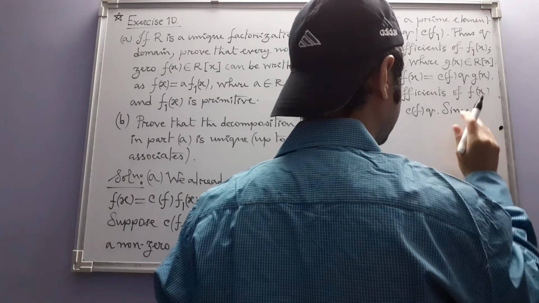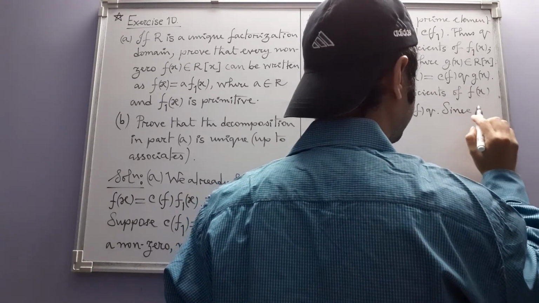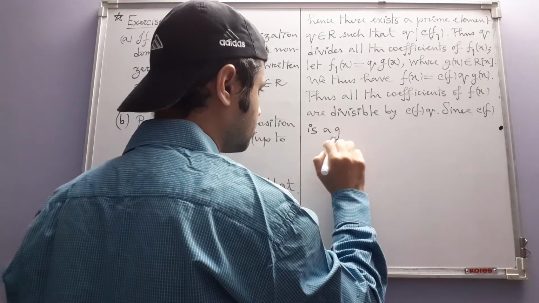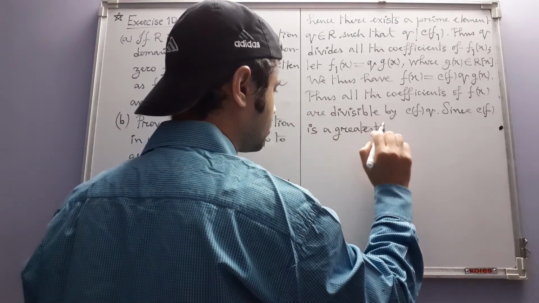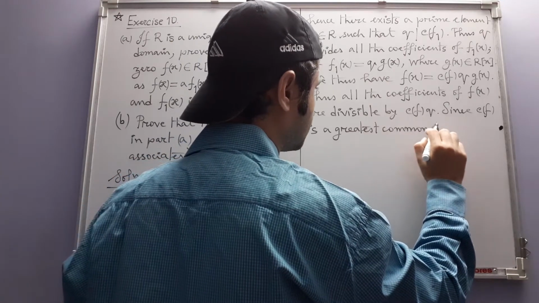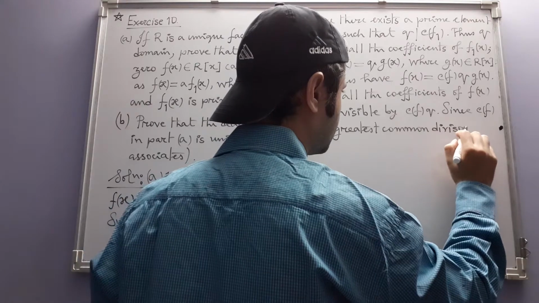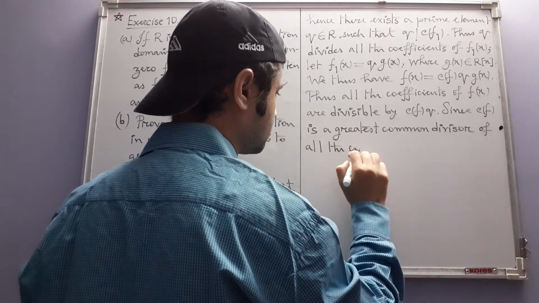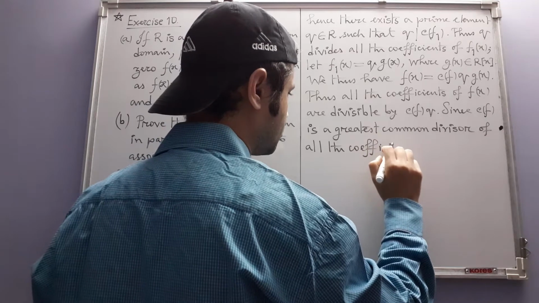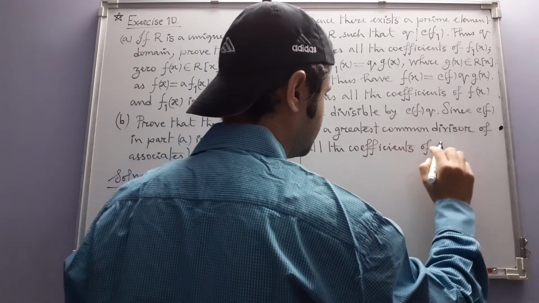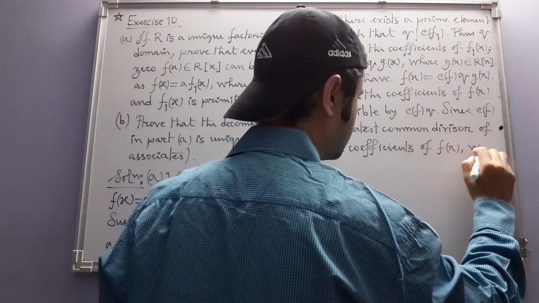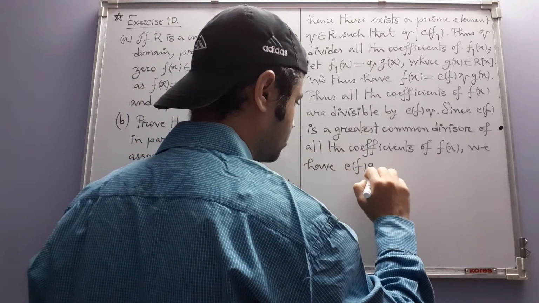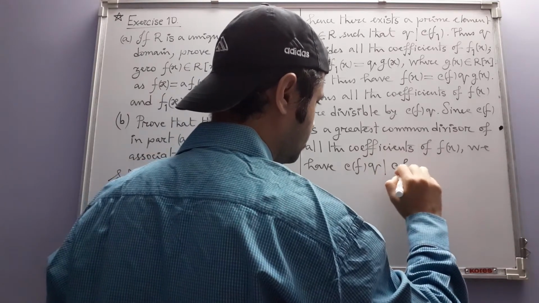Since, in fact, let's just write all the things. Since CF is a greatest common divisor of all the coefficients of f(x), so we have this divides CF.